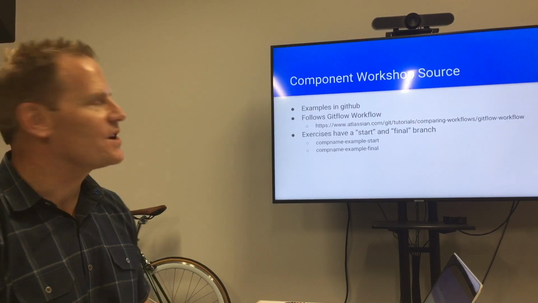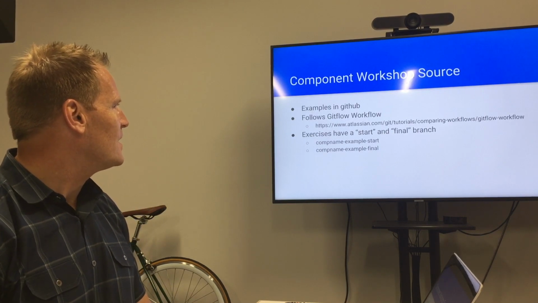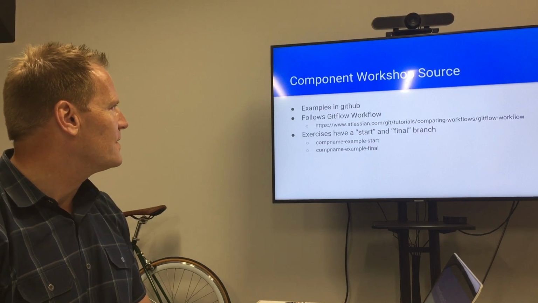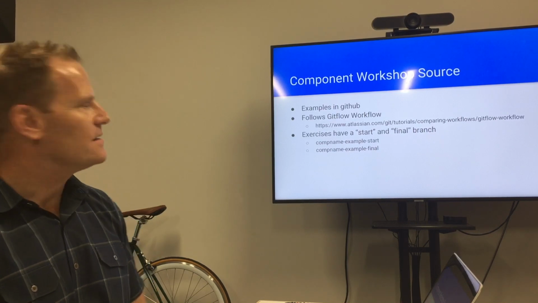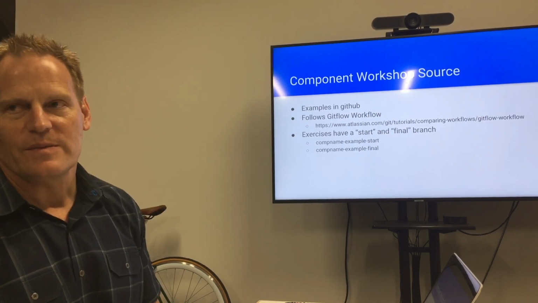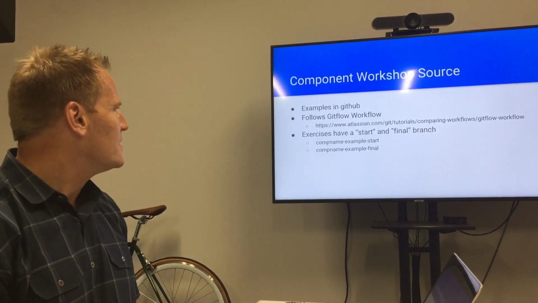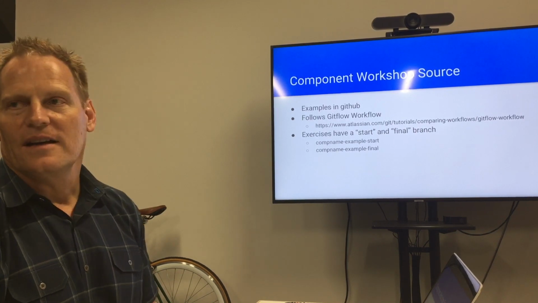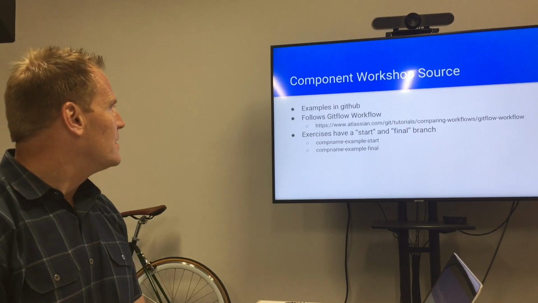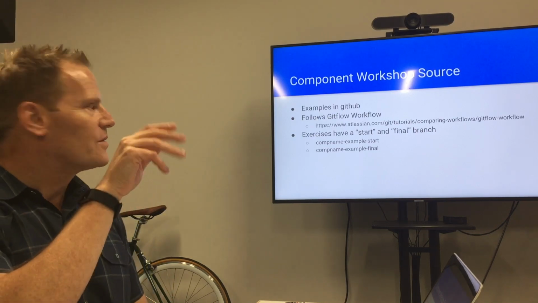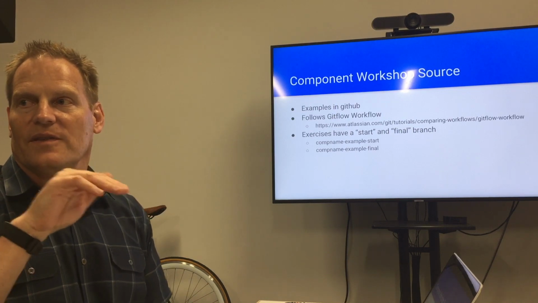So all these workshops are available on GitHub, and we try to follow a Git flow workflow. This link here from Atlassian describes some of the different ways people use Git, and a popular one is coined from Git flow. There's a master branch, of course, the default branch, and then we create a develop branch, which you all develop from.